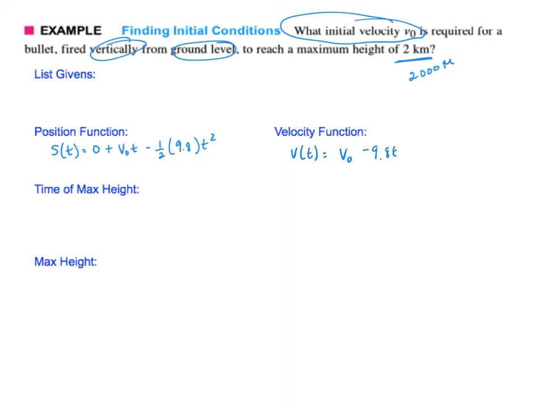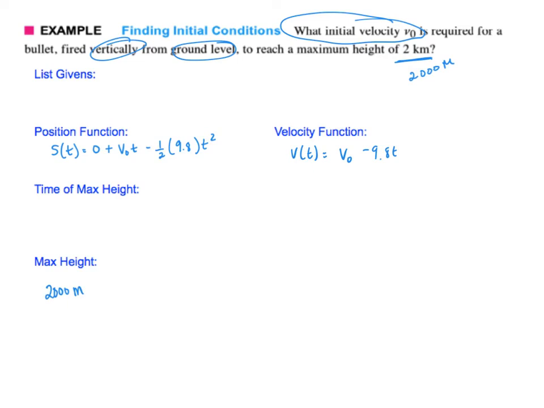So what initial velocity is required for a bullet to reach a max height of 2,000? So we know that our max height is 2,000 meters, right? We know that happens at the vertex. And therefore, that can help us solve and figure out our initial velocity. So one thing we can do is figure out when it reaches this max height.